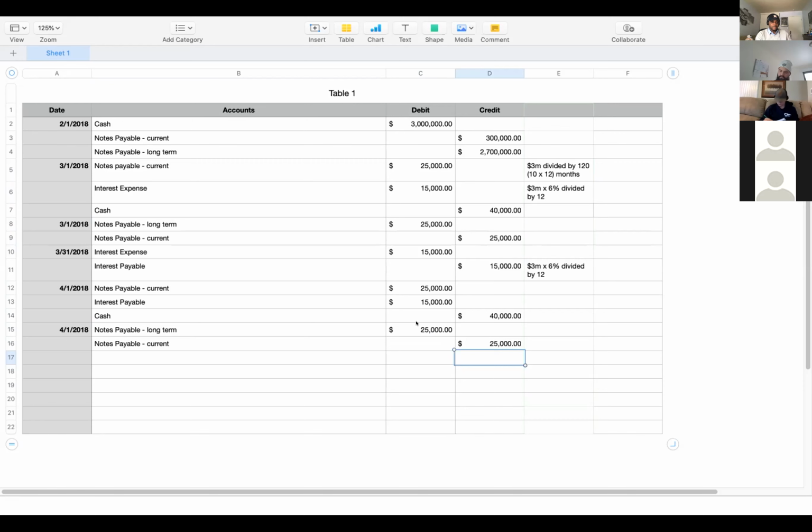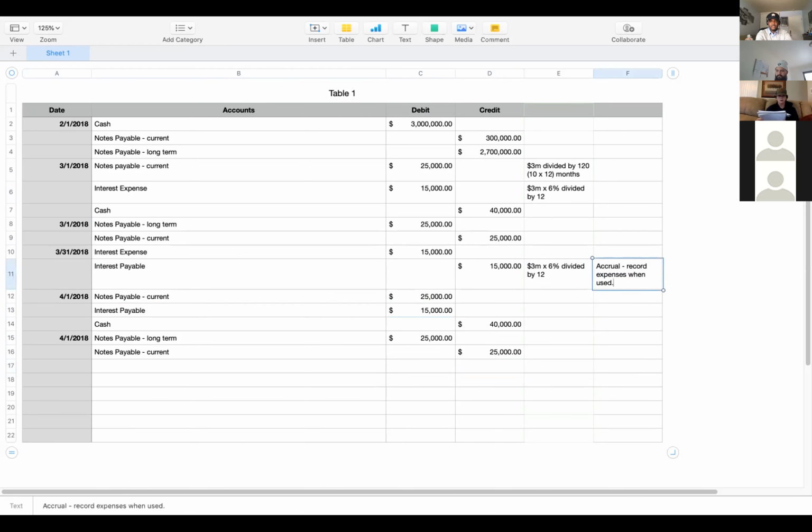Question was on how come on 3-1 it's an interest expense, but on 4-1 it's interest payable? I had that same question. All right. So on 3/31, this is the accrual basis of accounting. Record expenses when used. We've got to the end of the month, and we've now borrowed that money another 30 days.